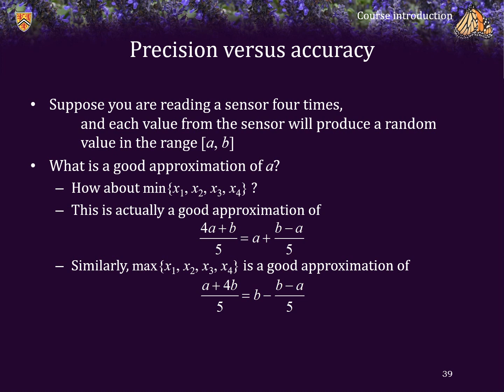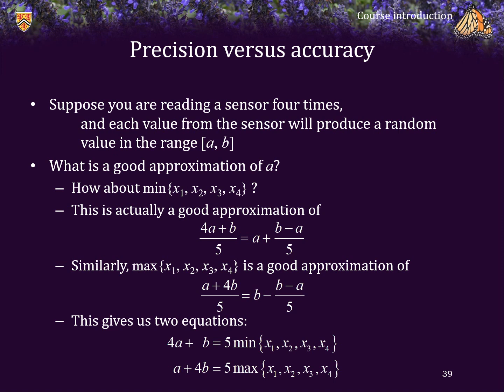You will see that in a course in statistics, but I'm just going to give you that statement now. The minimum of 4 readings is a good approximation of the first expression. The maximum is a good approximation of the second. That is, these are accurate approximations of these 2 values.